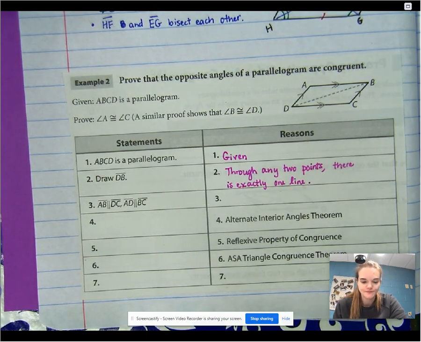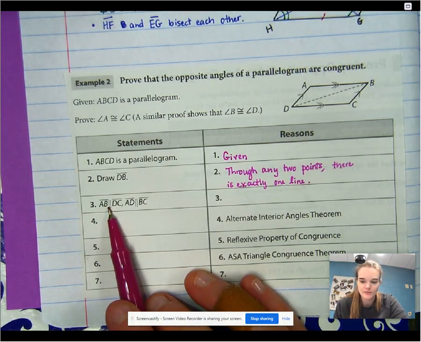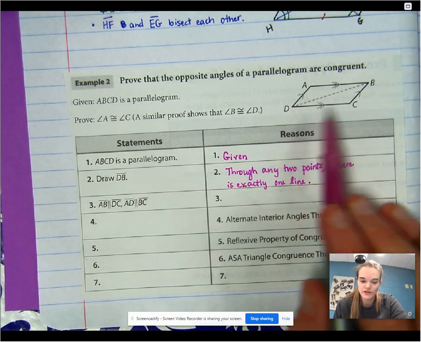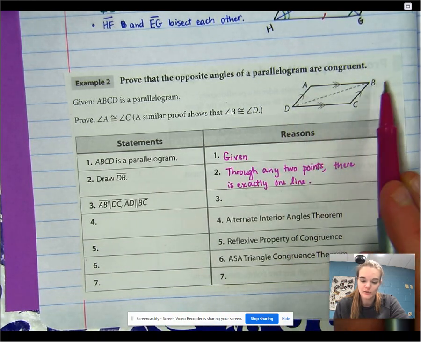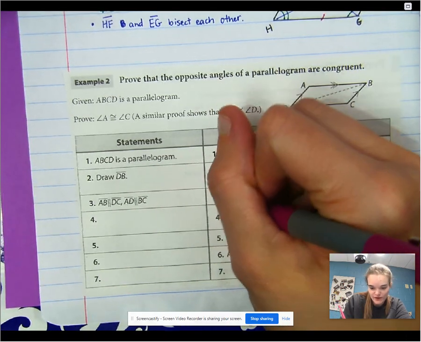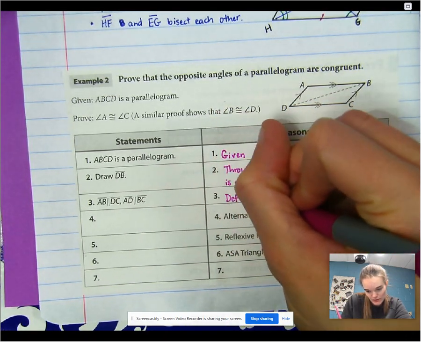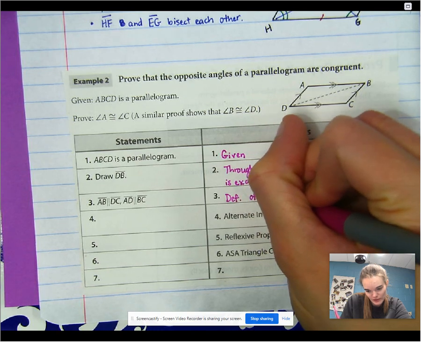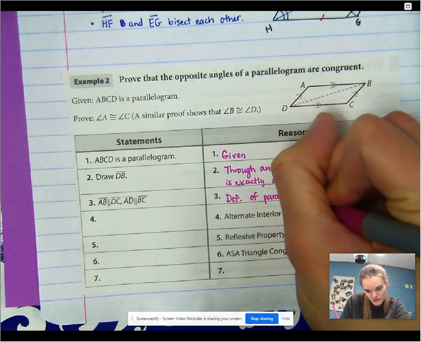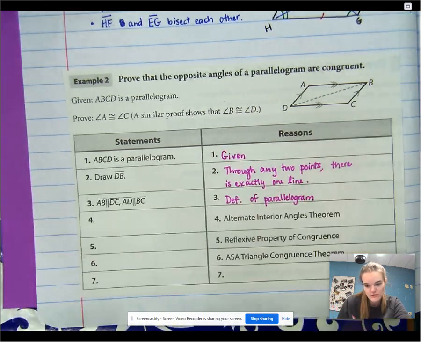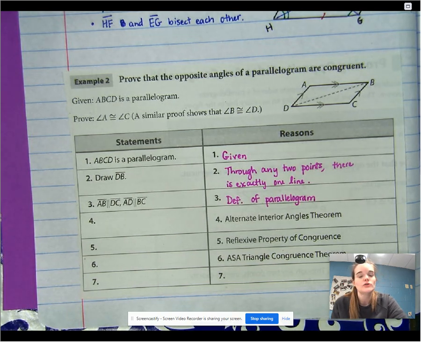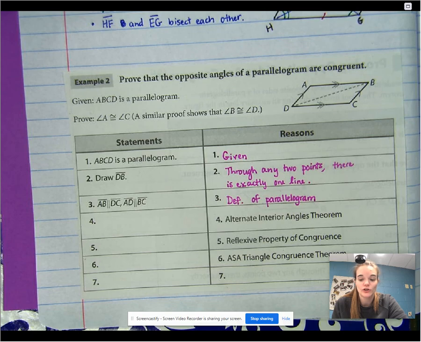All right, next. AB is parallel to DC, and AD is parallel to BC. Well, that's the definition of a parallelogram, because the definition says opposite sides are parallel. What we are trying to prove is that the opposite angles are congruent.